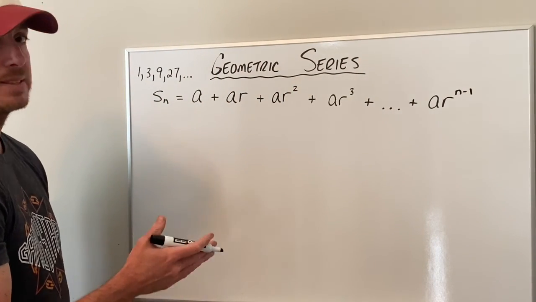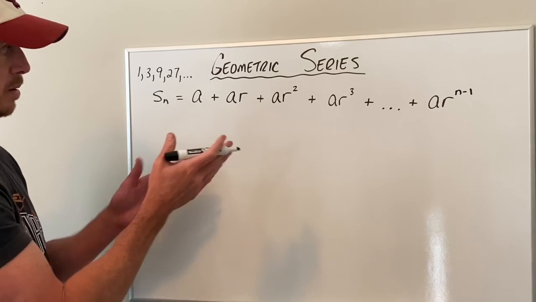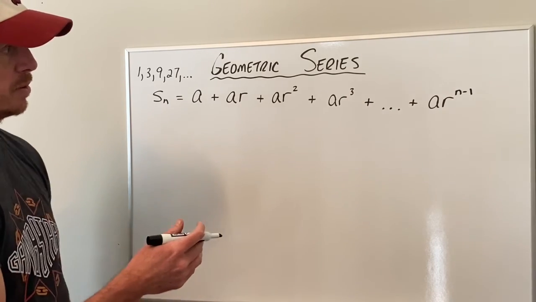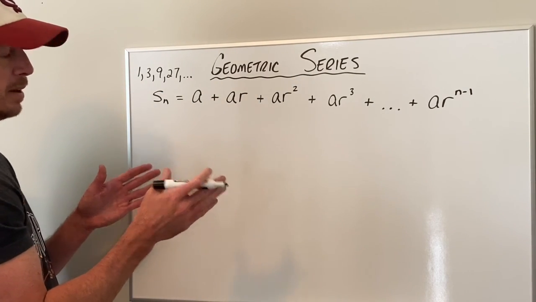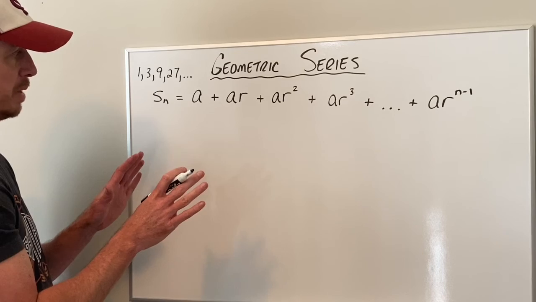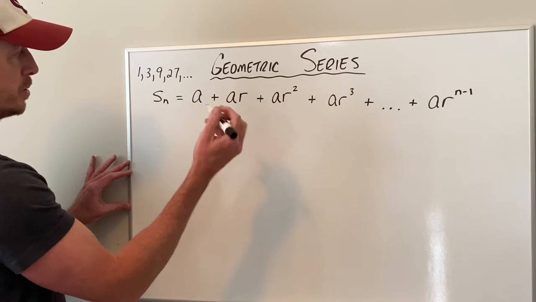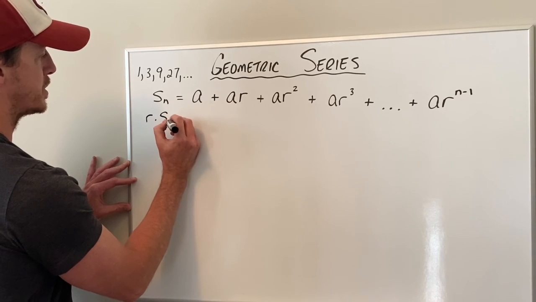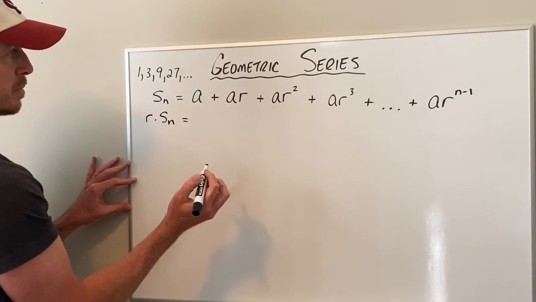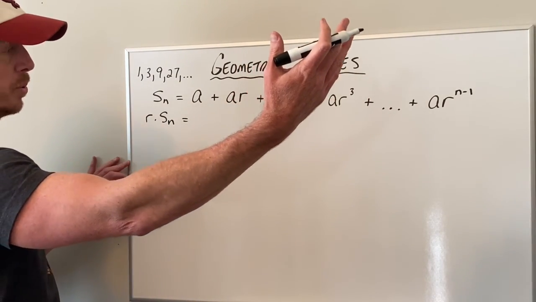Okay, well that's not terribly helpful, but we can use that, and we can derive some stuff from that. So I'm going to do something to this that is perfectly algebraically legal. I'm going to multiply both sides of this equation by R. So I'm going to make this R times S sub n. And if I multiply R by that side, I would just be distributing an R through the whole thing.